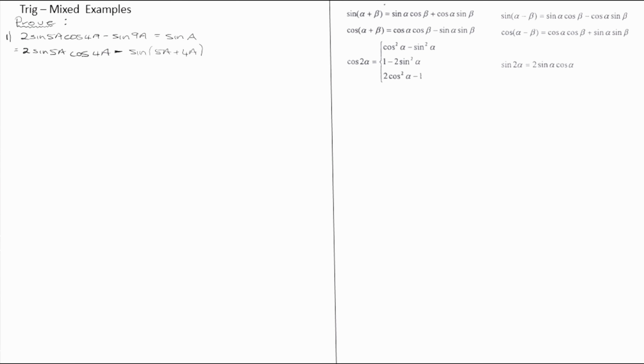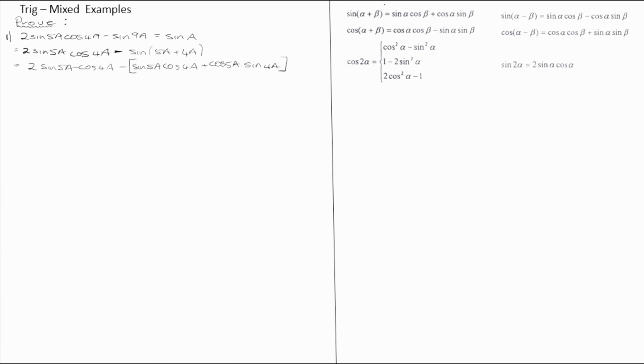Right, so that's going to give us 2 sine 5a cos 4a minus sine 5a cos 4a plus cos 5a sine 4a.